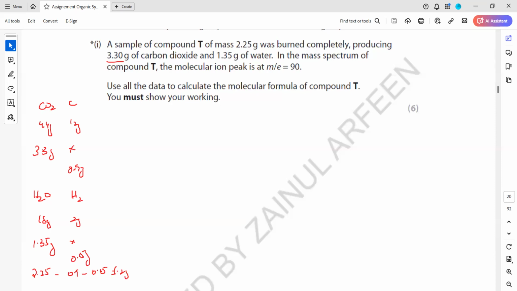Now we work out the empirical formula, carbon, hydrogen, and oxygen: 0.9 grams of carbon, 0.15 grams of hydrogen, and 1.2 grams of oxygen. Divide by atomic mass. So this will be divided by 12, this by 1, and this by 16.